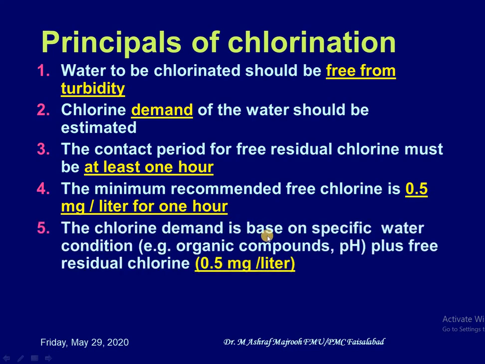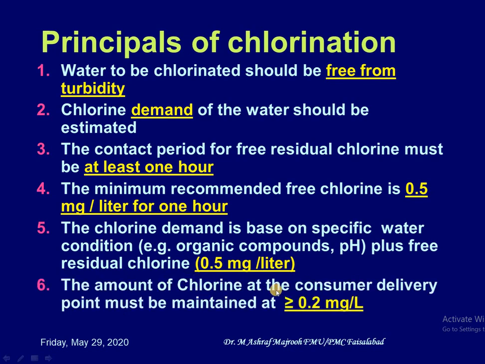The chlorine demand is based on specific water conditions like the presence of organic and inorganic compounds and the pH of the water. Plus, it needs free residual chlorine at the rate of 0.5 milligram per liter.